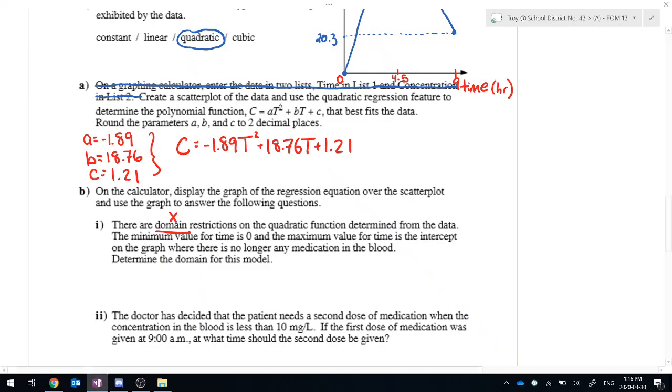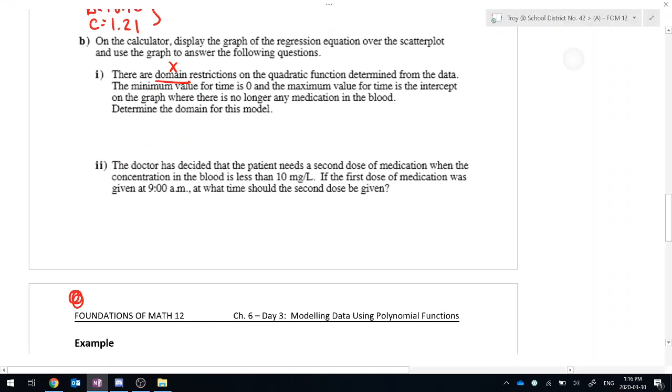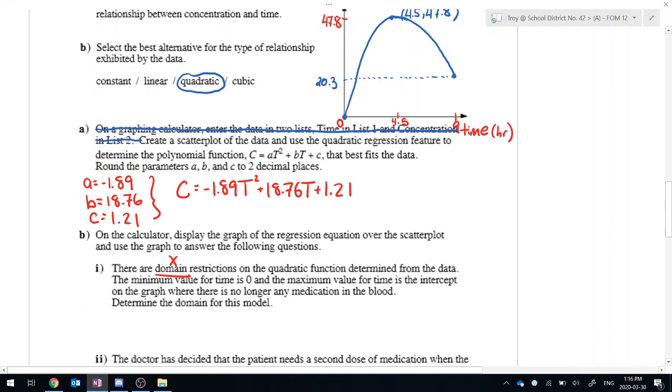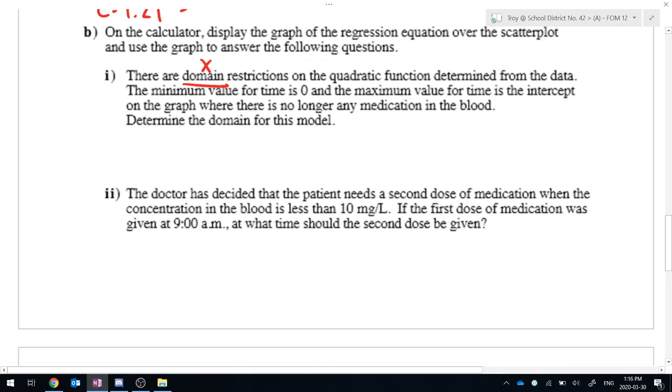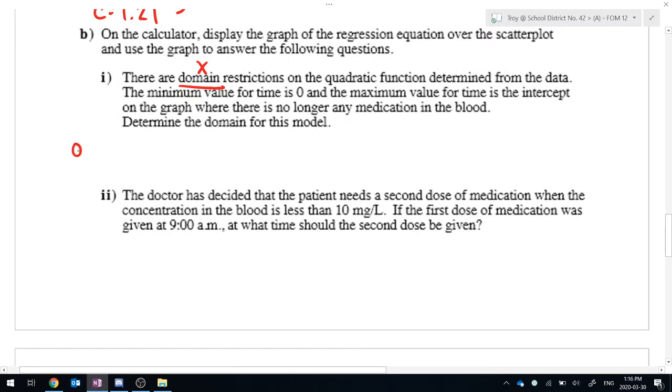We know that the domain for this one is going to be from 0. In this example, it's going to start from 0, and it's going to go to 10.16 hours.